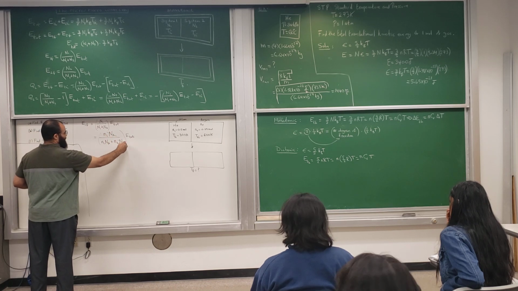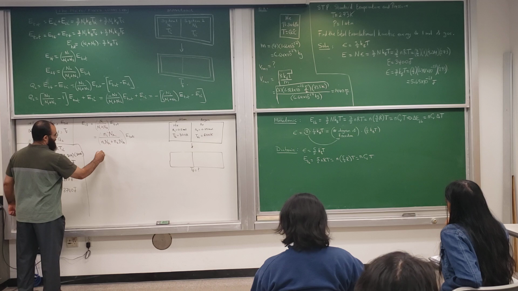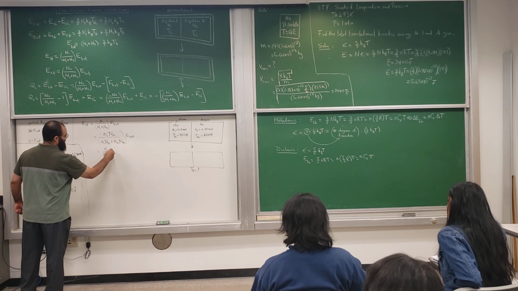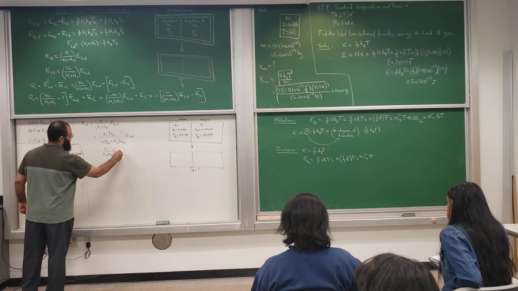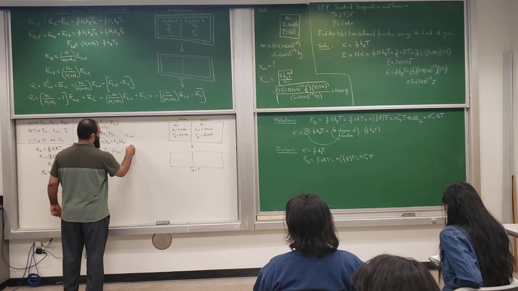Notice everything has Avogadro's number, so you can just factor it and cancel. So you get n1 over n1 plus n2. It does not matter, so it works out nicely. N1 is half a mole.